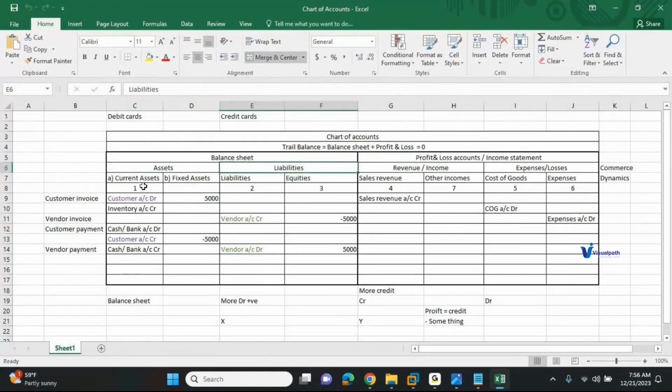But here it is current assets and fixed assets, liabilities and equities. Profit and loss account means expenses and income, revenue. Okay, but numbering will be given by Microsoft best practice like this.